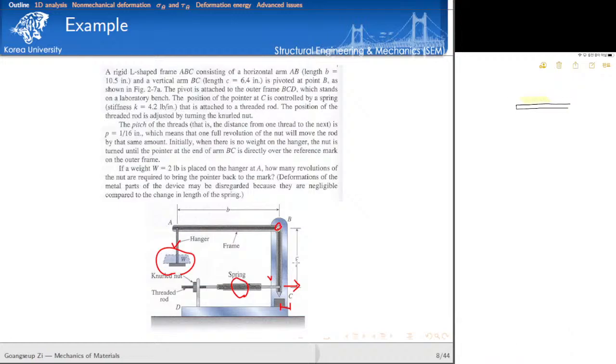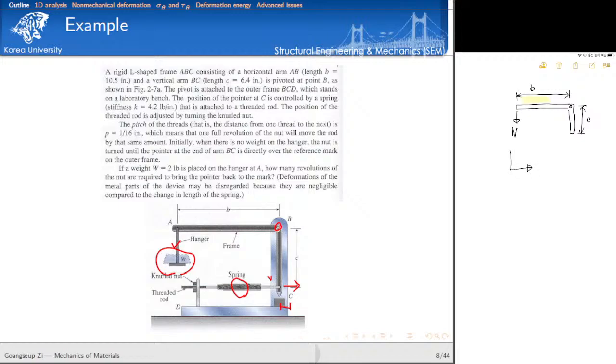So I have a frame and hinge. I have a weight here, W, and its arm length is given by B. And then here, the height of the lower part is given by C. Before any analysis, we need to introduce a coordinate system, right?